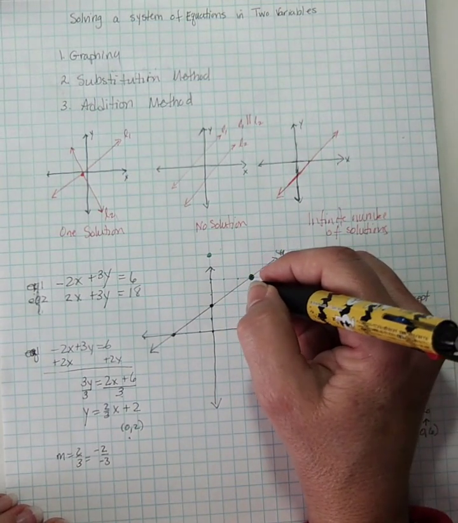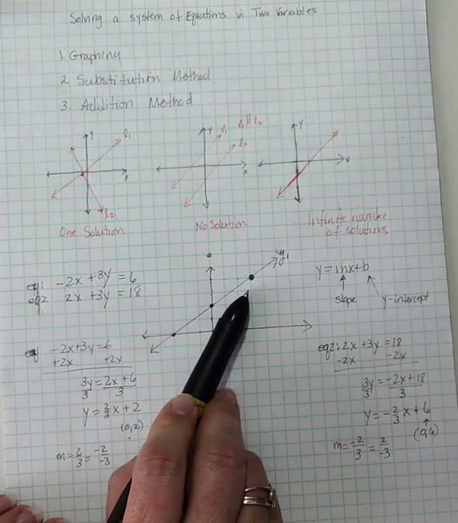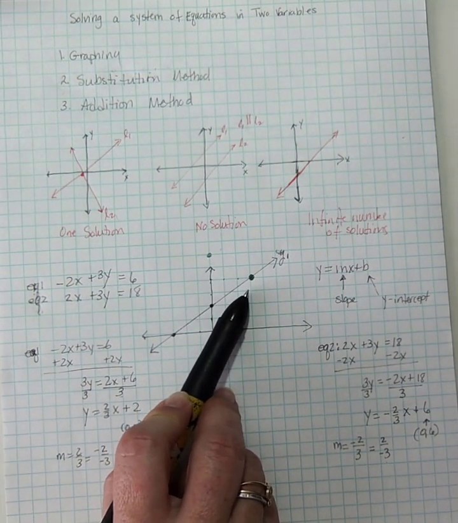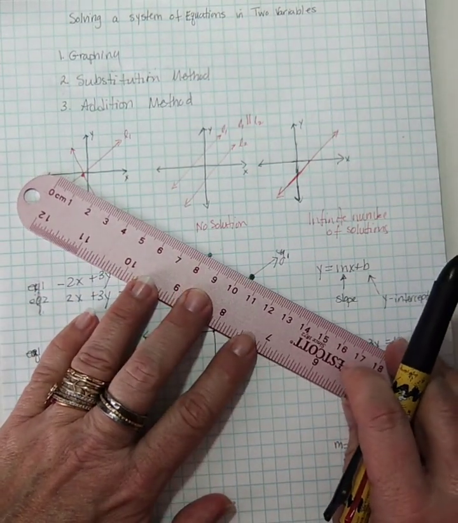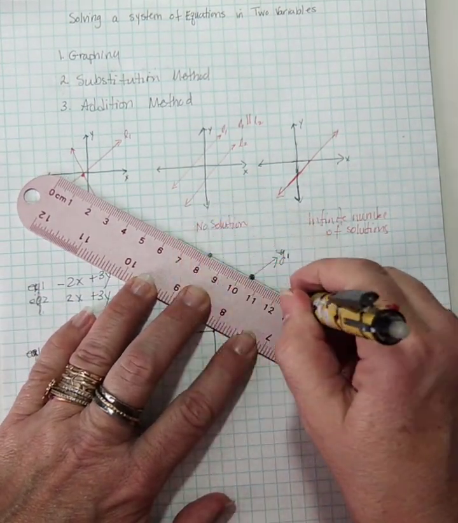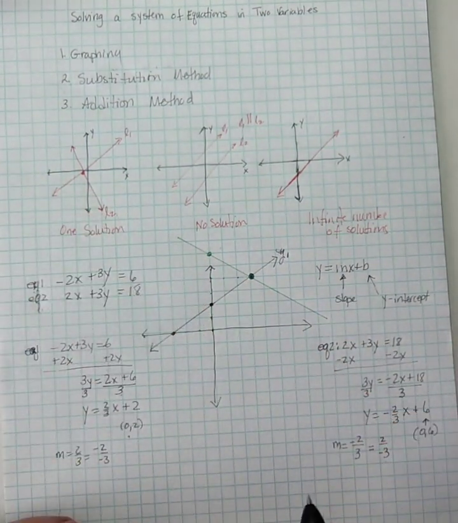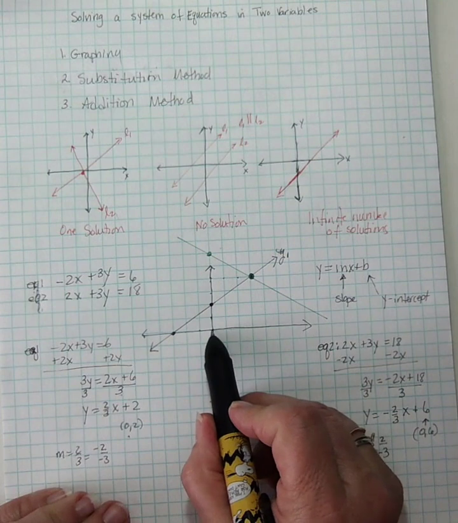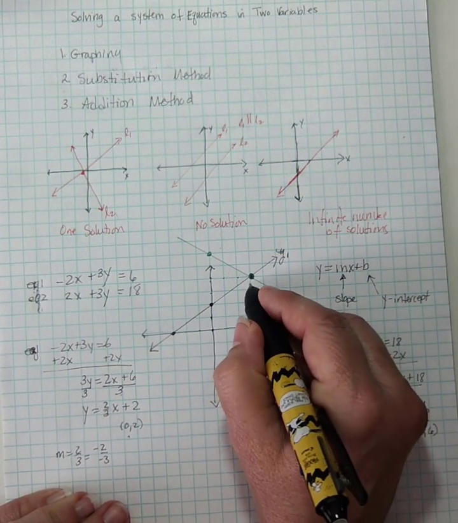Right now I see a point where they intersect. I only need 2 points to draw a line, so I could draw my line, but I see where they intersect. They intersect at the point 3, 4.